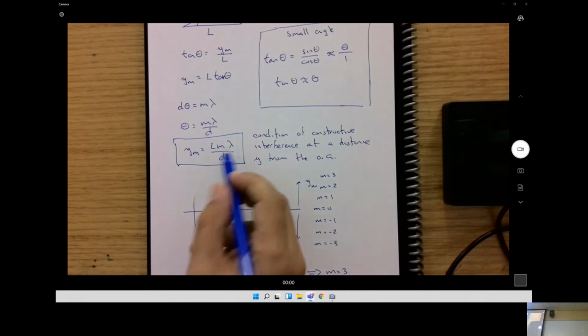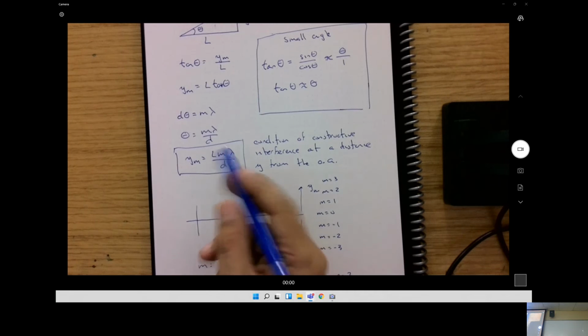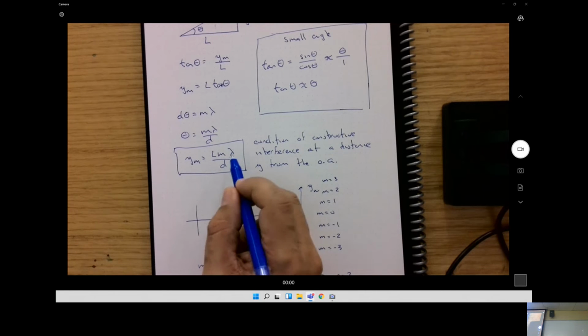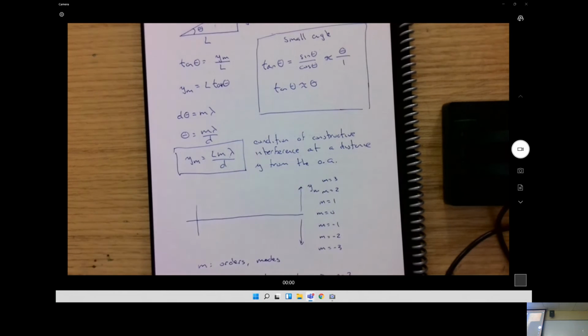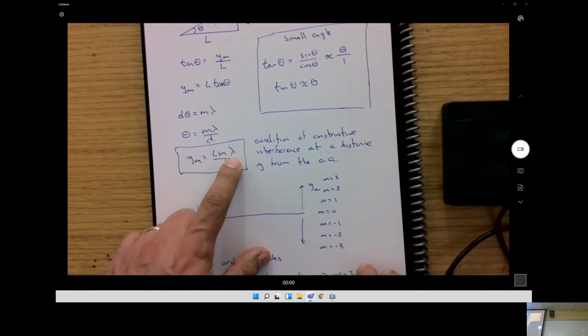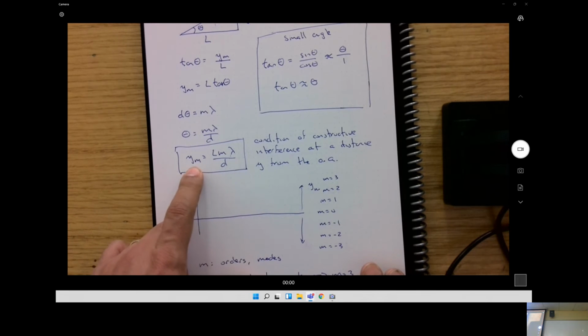One of the reasons we care about interference is that we can find the value of lambda, the wavelength of light that you are working with. Different wavelengths, whether blue light or red light, are going to give you different values of y.